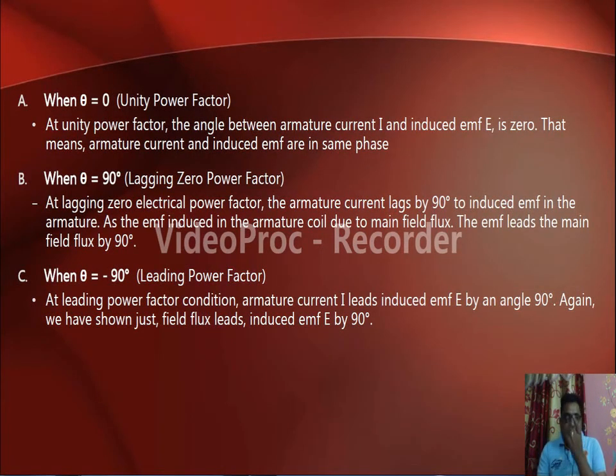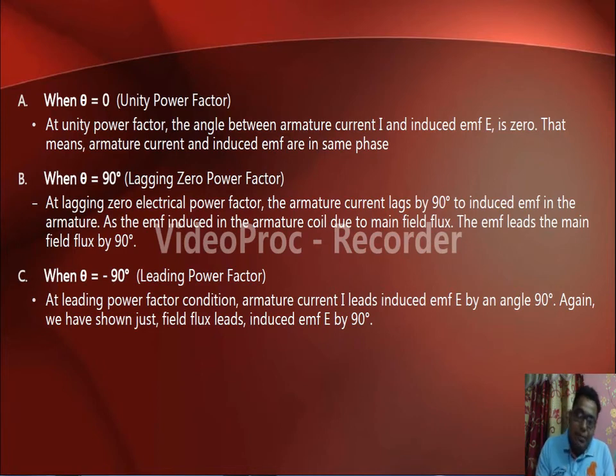Okay, so as you can see over there, when theta is equal to 0, at unity power factor, the angle between armature current I and induced EMF E is 0. That means they have no angle, they are in the same plane. When theta is 90 degree, that means a lagging power factor is working over there.